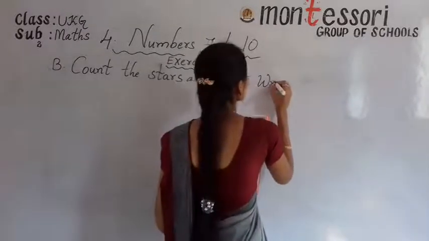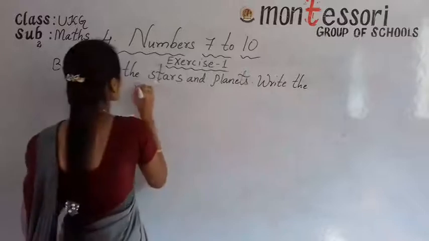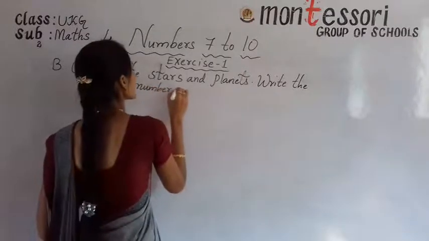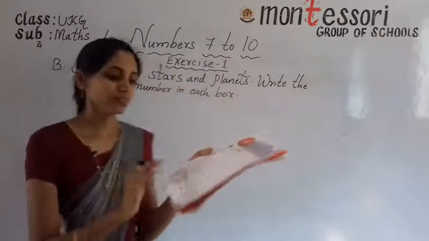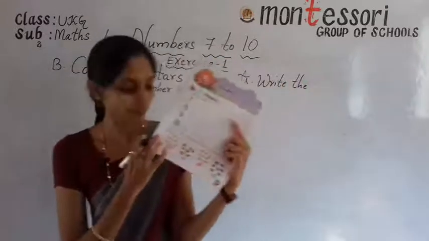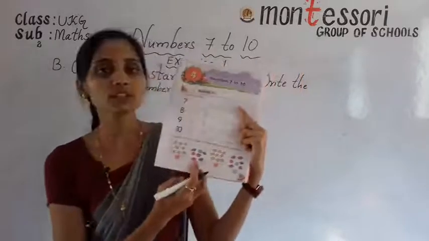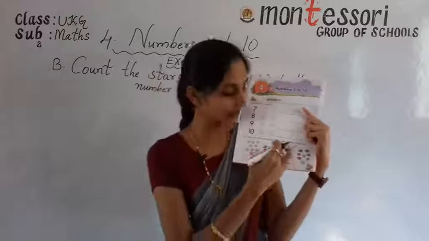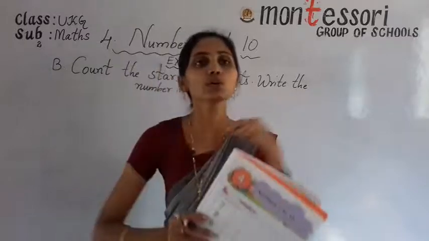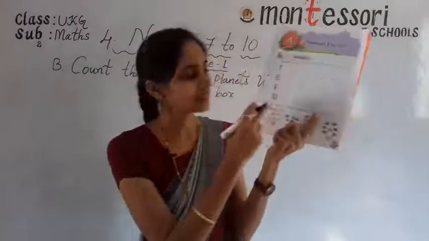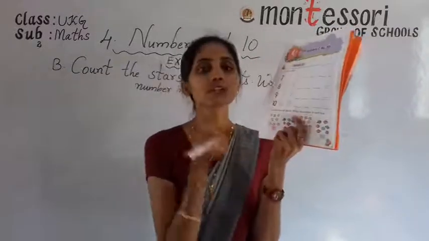Write the number in each box. See, there are 4 columns. One box is with stars, another box is with planets, the third box is again with stars, and the fourth box is again with planets. We don't know how many stars or planets are in each box.